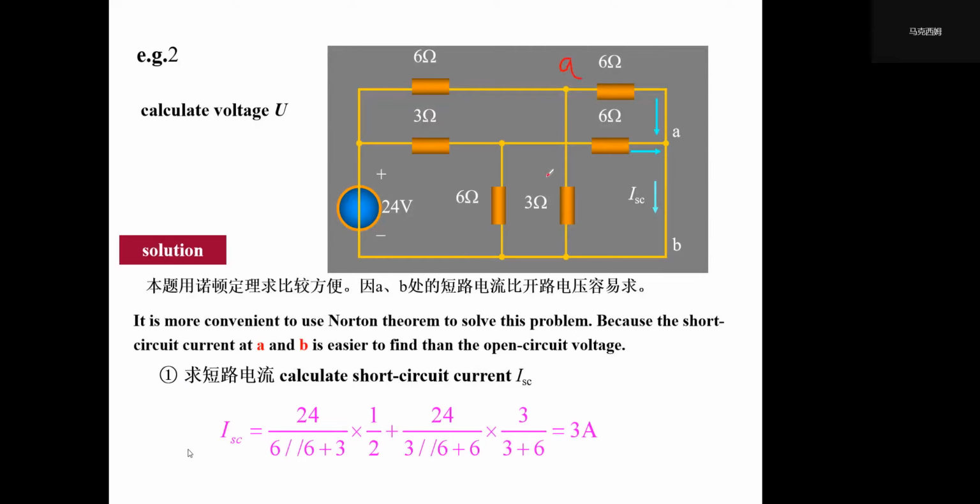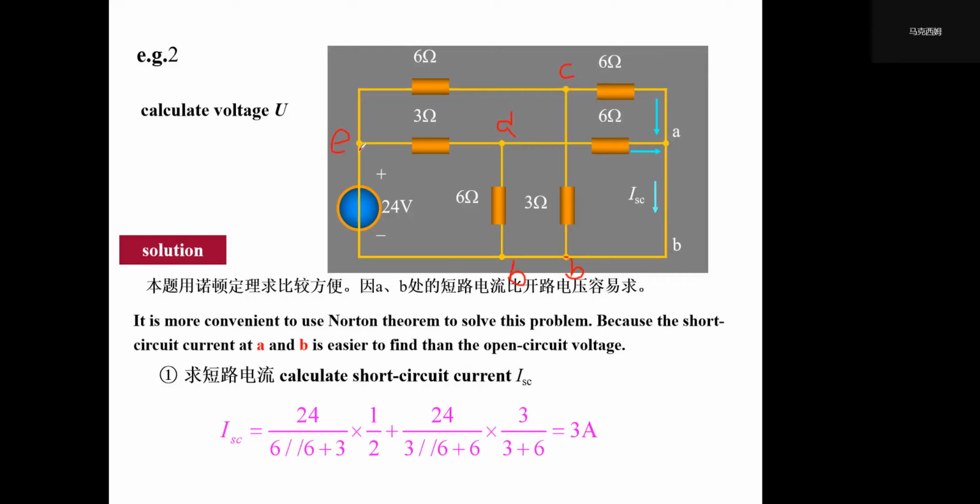I made a mistake. We should not number it like this. We already have a point A, right? So we had better give it another name. A, B, C, D. And I have this one, E, right?